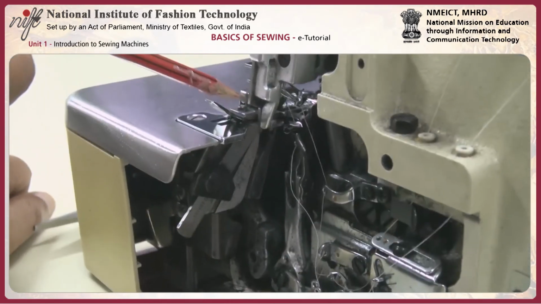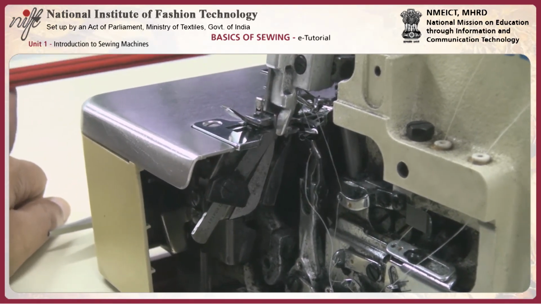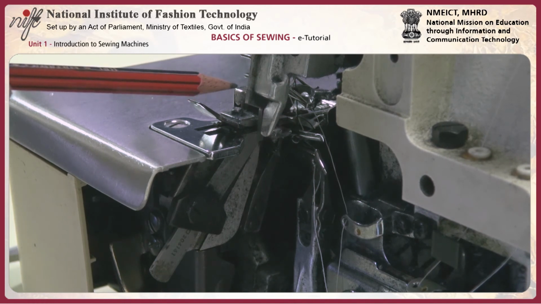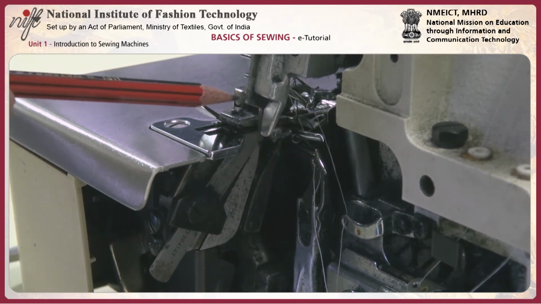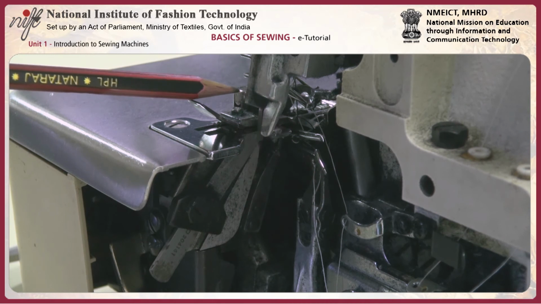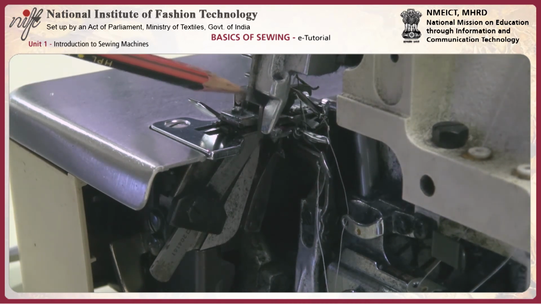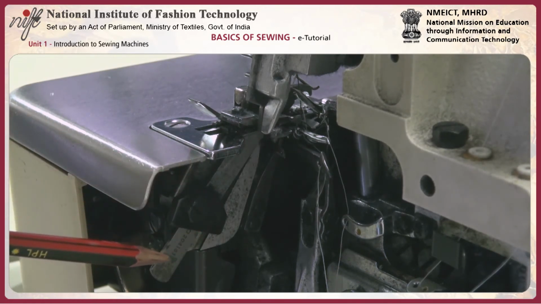Upper cutter. In this machine, there are 2 blades installed, one is the upper looper and the second one is the lower looper.